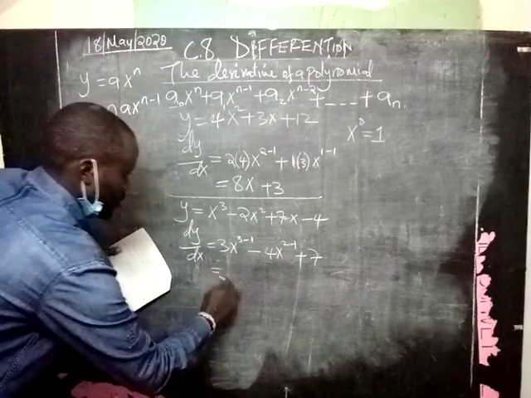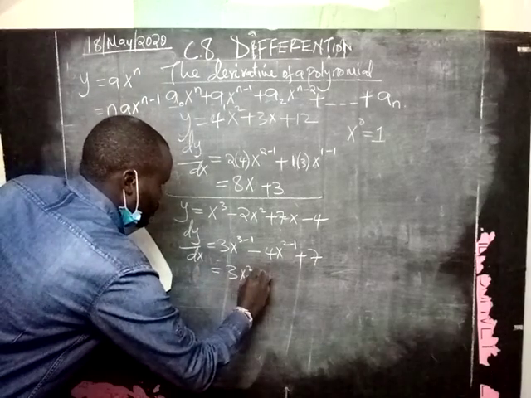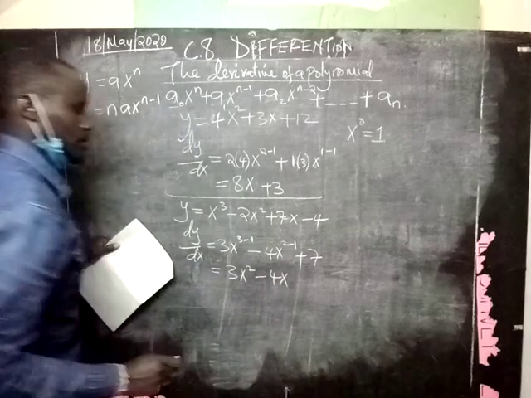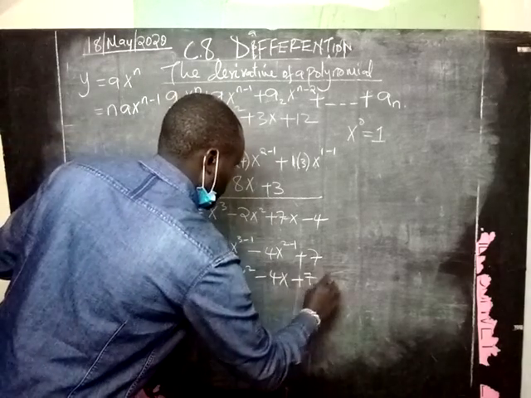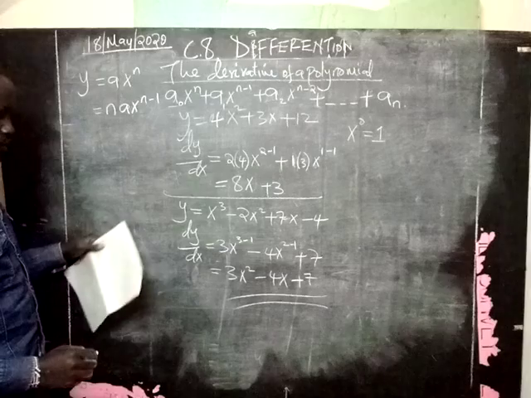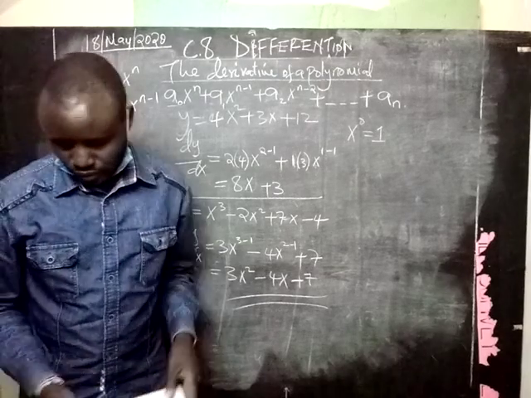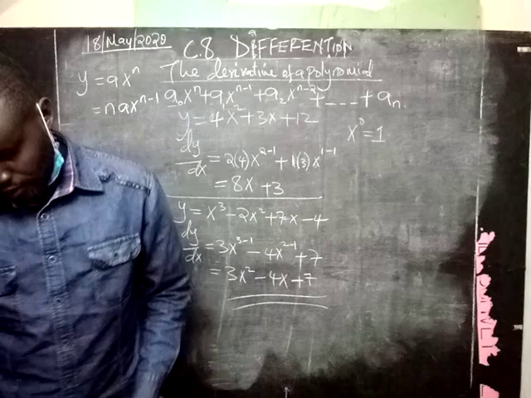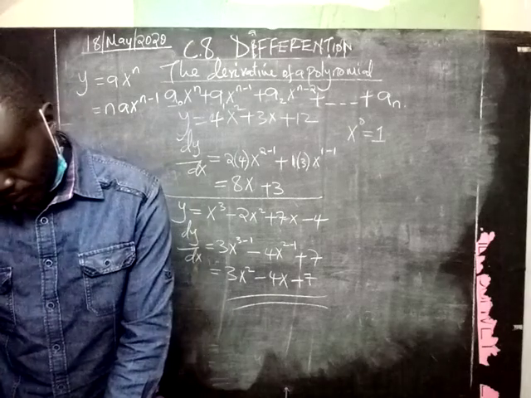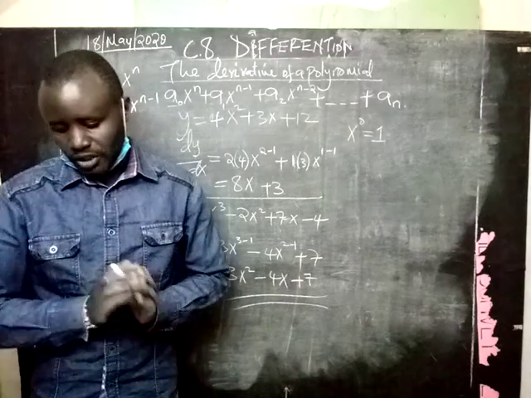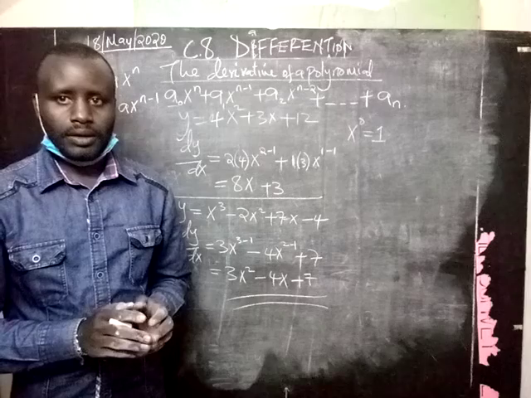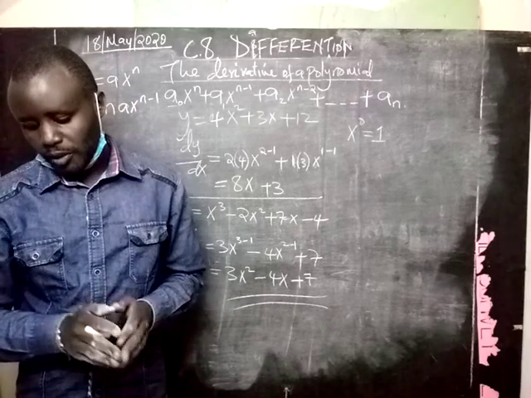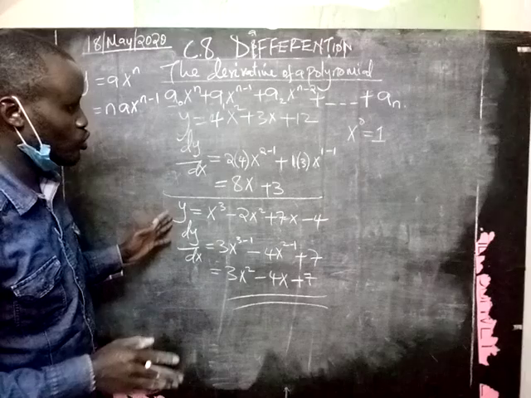So we have 3x squared minus 4x plus 7. That is our answer. So when you're told to differentiate an equation of a curve with respect to x, this is what you do.